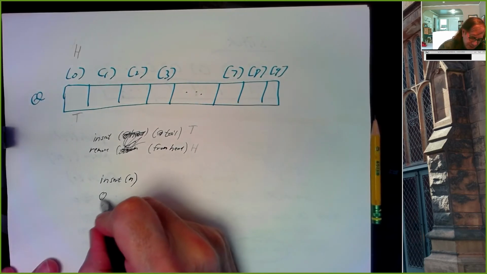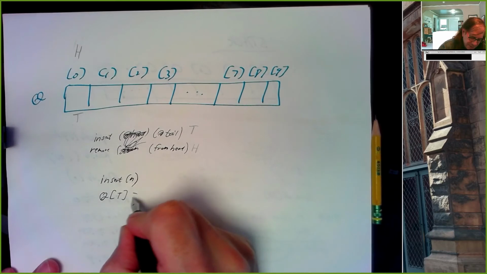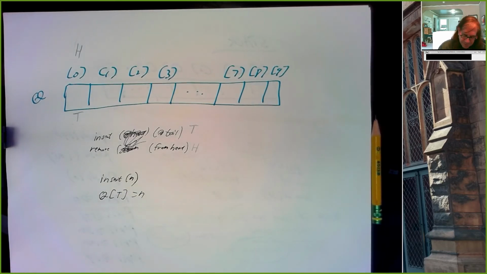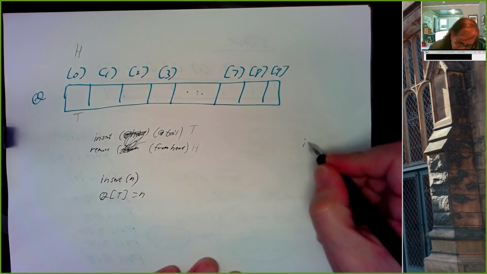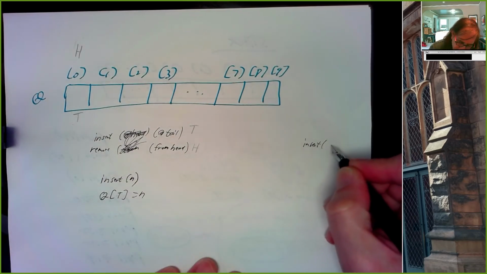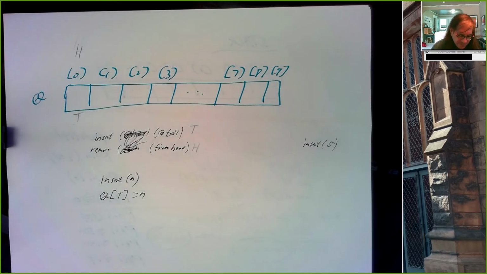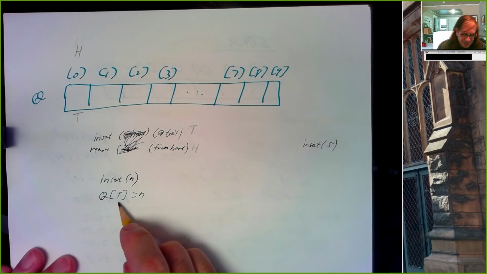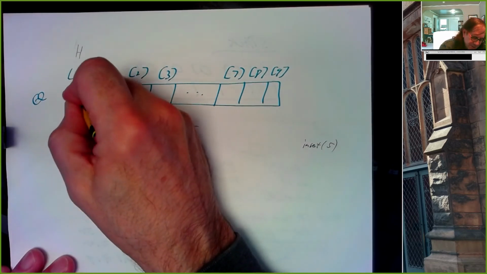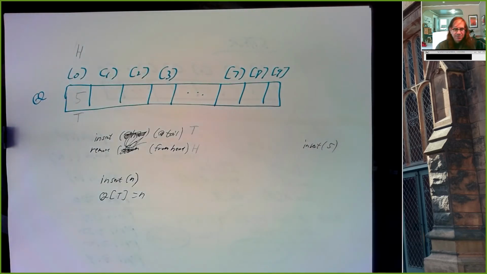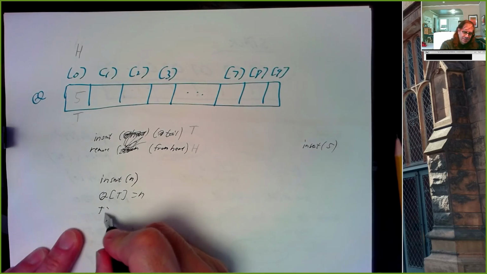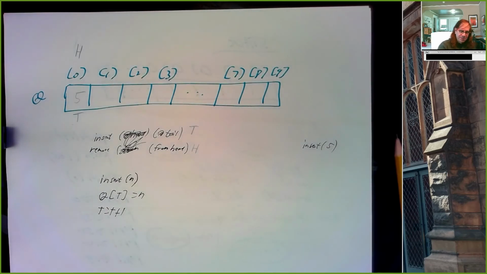So we're going to say Q bracket tail equals N. So let's suppose we're inserting a 5. We're going to store that at the position given by the tail. So we're going to write the 5 right here, and then we're going to increment the tail.